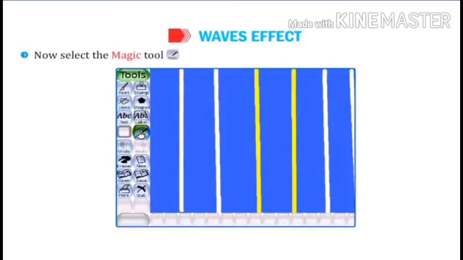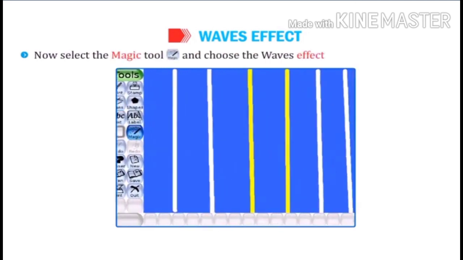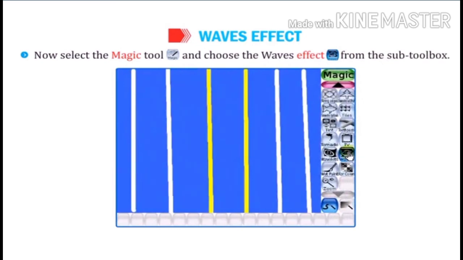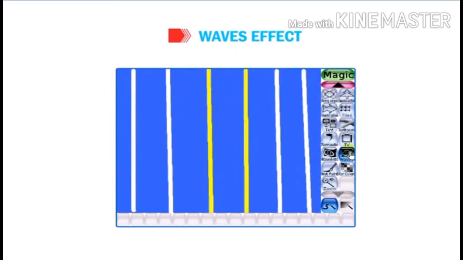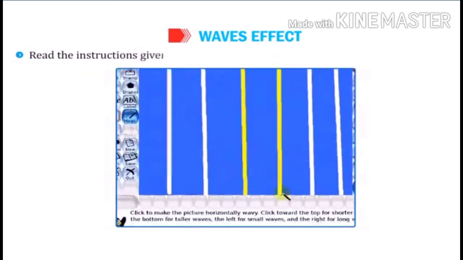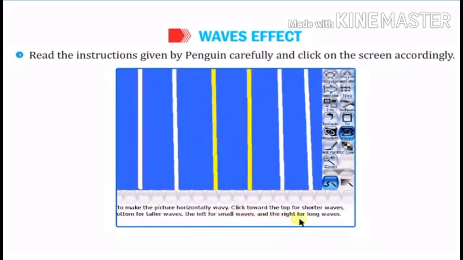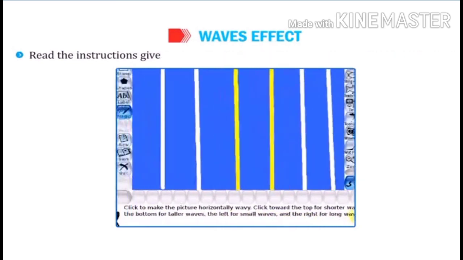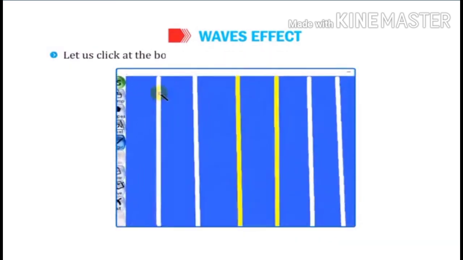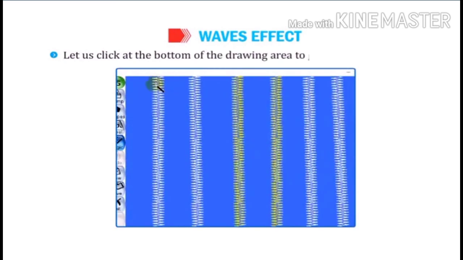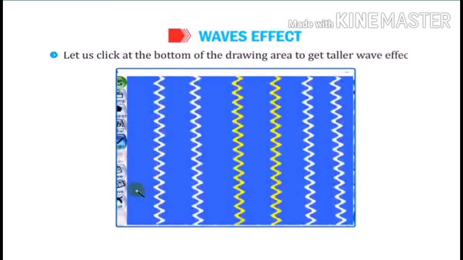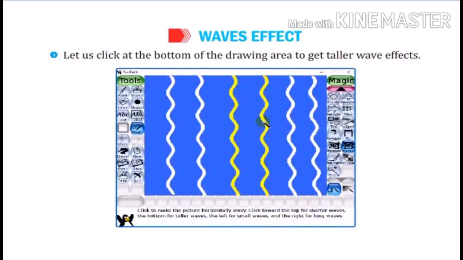Now select the magic tool and choose the waves effect from the subtool box. Read the instruction given by the Penguin carefully and click on the screen accordingly. Let us click at the bottom of the drawing area to get a taller wave effect.